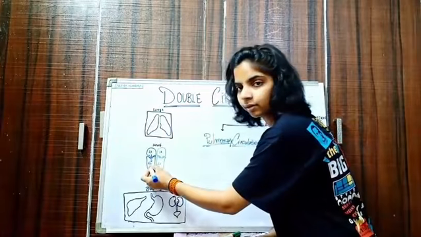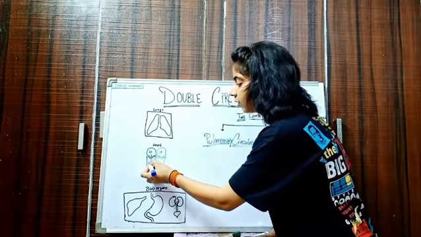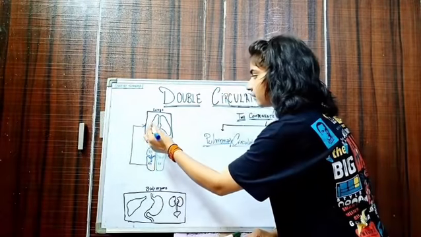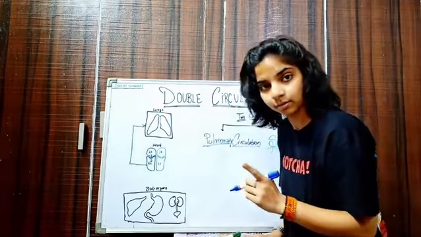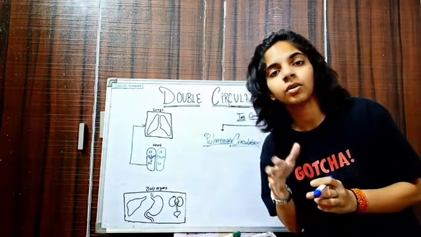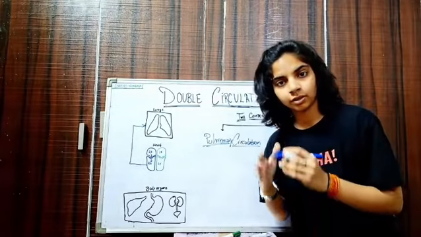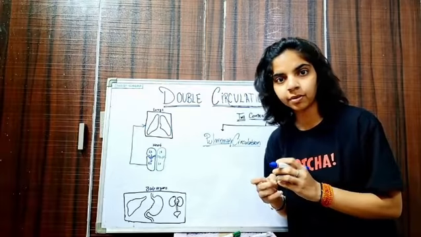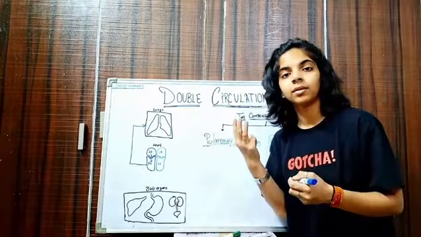From the right ventricle, the blood goes to the lungs, the deoxygenated blood. Deoxygenated blood is basically, you can say, unwanted, waste. All our functions are performed, like the respiratory, digestive and excretory systems.